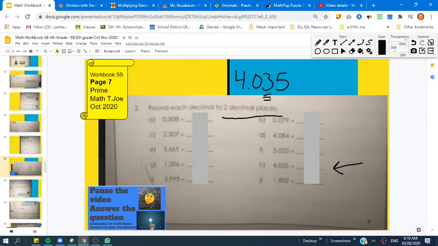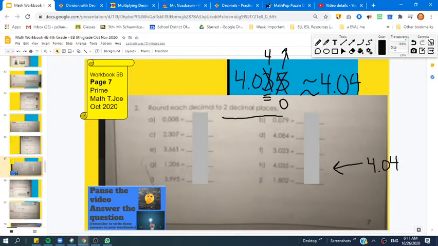And this 5 is going to tell us to go up, right? So this 3 is actually going to change to a 4, and this 5 is going to change to a 0. So our number is approximately 4 and 0 tenths, but now we have 4 hundredths. Okay, so your answer, 4 and 4 hundredths.